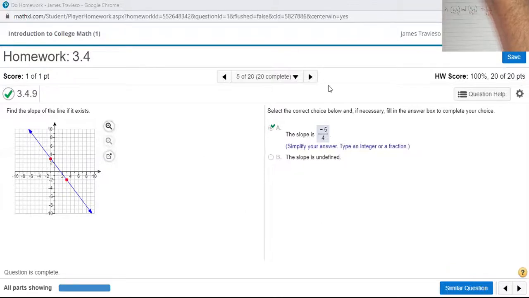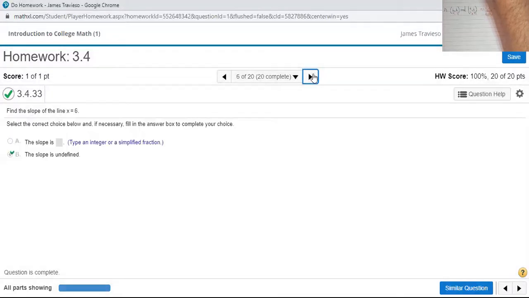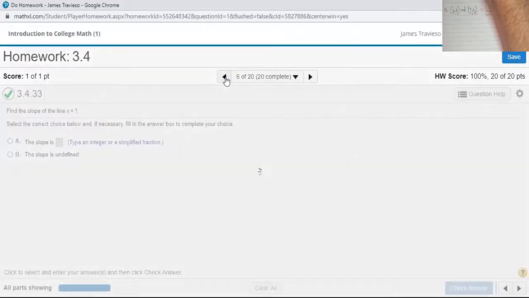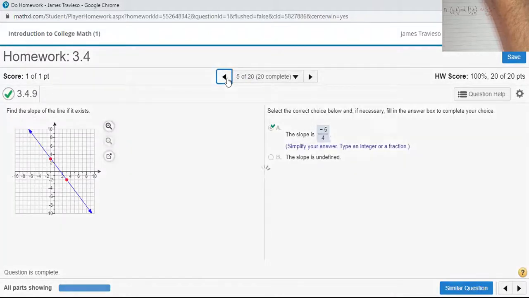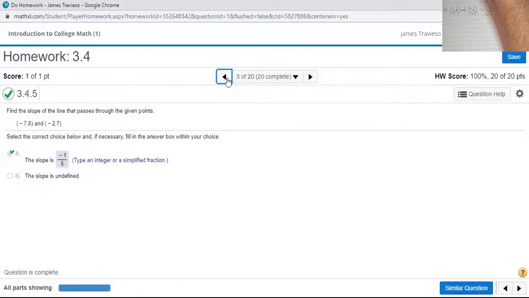Which is number 5 here. All right, so it wants you to find the slope of the line x equals 1. We go back though.